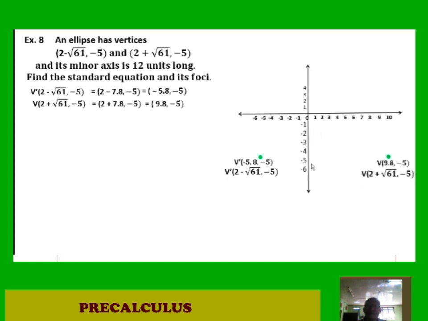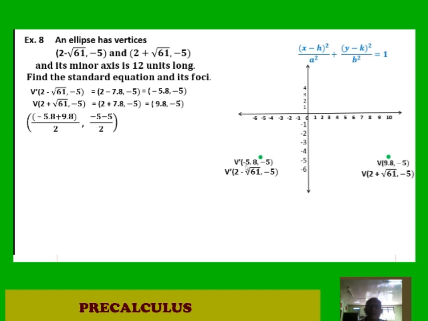And the midpoint of these vertices is the center of the ellipse. Okay? Since the vertices lie on a horizontal line, this is type number 3 of our standard equation of the ellipse. So let us determine the midpoint of these vertices.